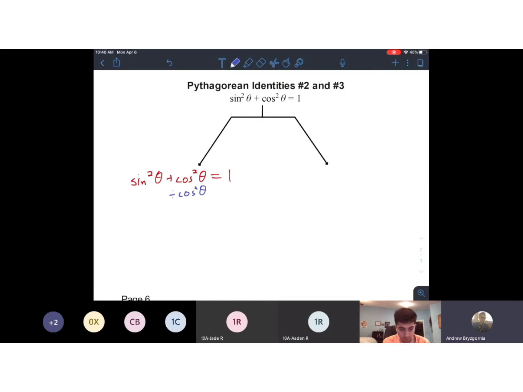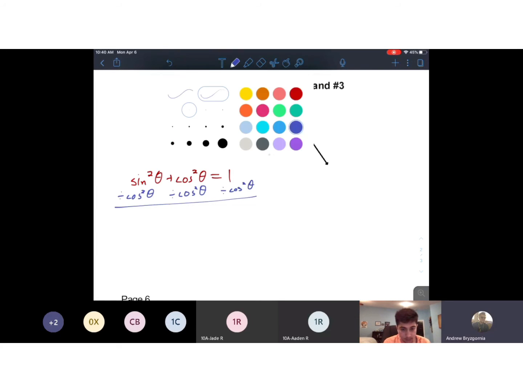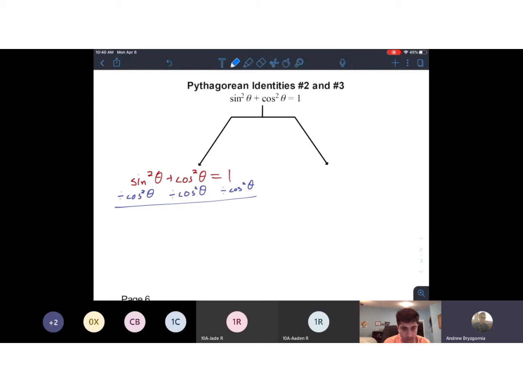Whenever we divide something in an equation, everything has to get divided by that. And if we divide all three of those by cosine squared, that gets us to our second Pythagorean identity.